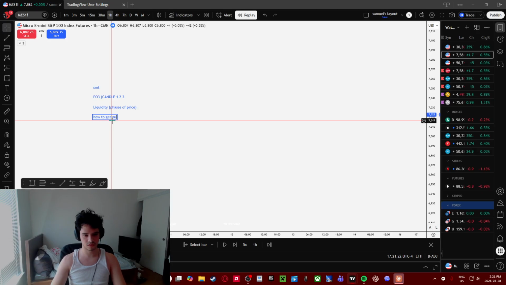We get our consolidations. Swing points, which also connects to R3. Liquidity, which also connects to this. Something liquidity.